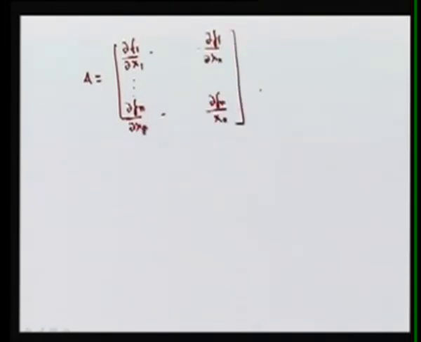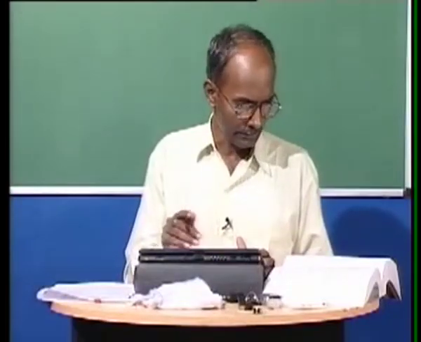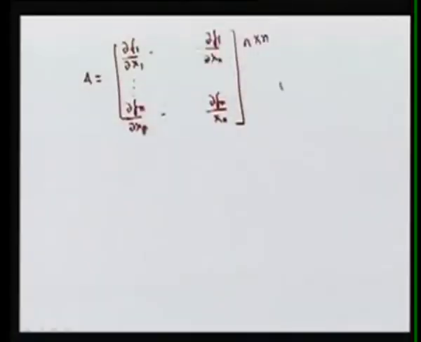So this is an n cross n matrix. This is a square matrix, and this matrix is very useful, as it gives information about your system behavior. This is called the state transition matrix. Similarly, the B matrix will be del f1 over del u1 to del f1 over del ur.